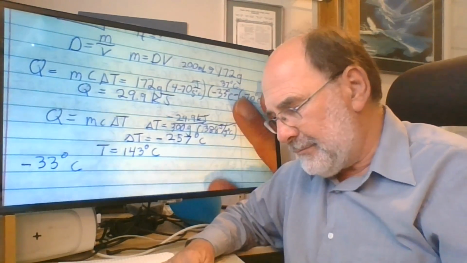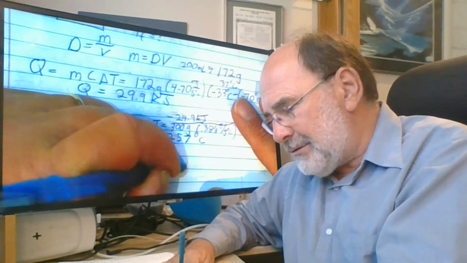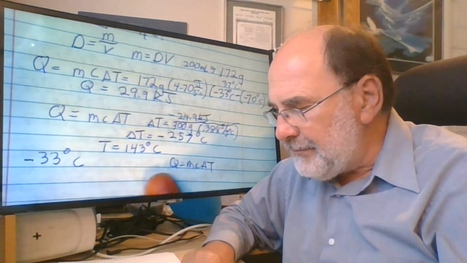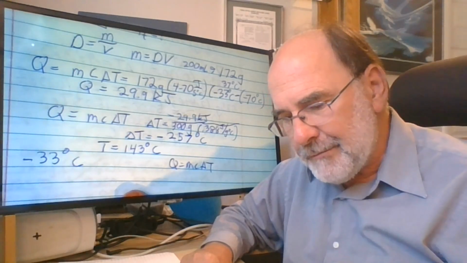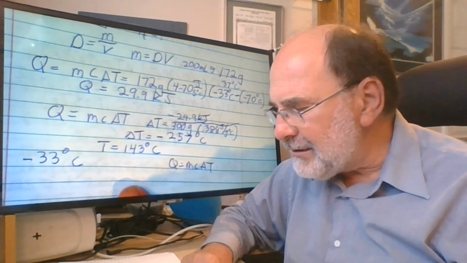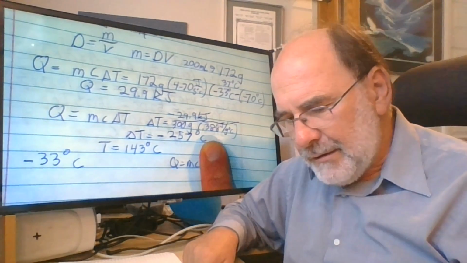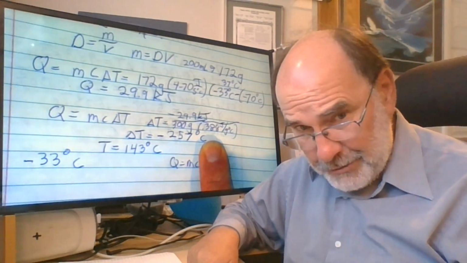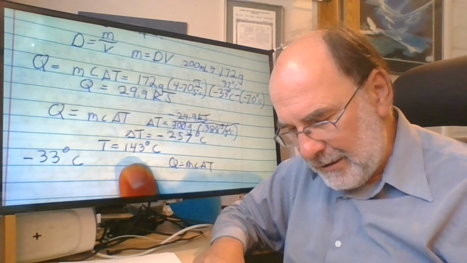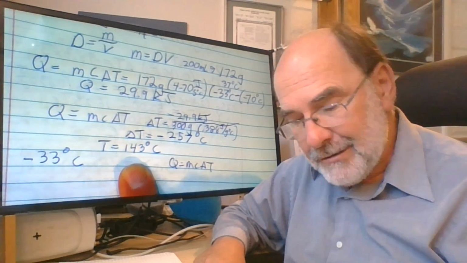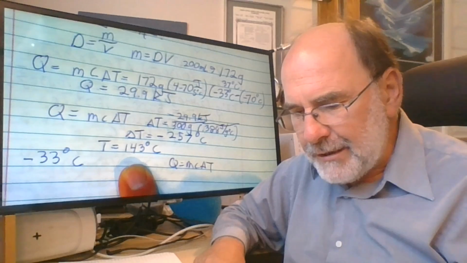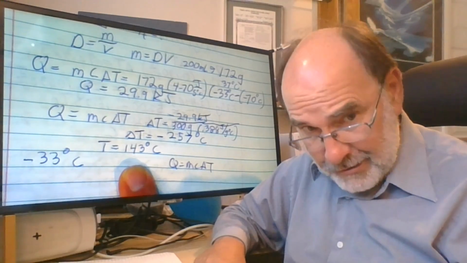Okay, so Q equals mc delta T. In this case, the mass of zinc is 300 grams. The specific heat of zinc is 0.388 joules per gram per degree C, and the change in temperature is going to be 143 minus negative 33, which means 176 degrees.